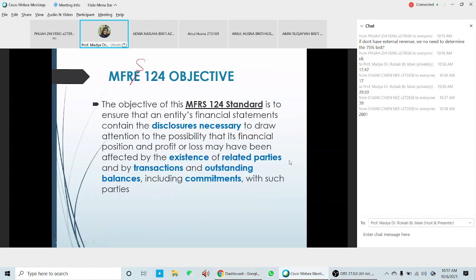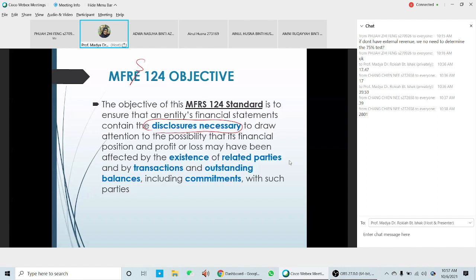In this MFRS 124, the objective is to provide the necessary disclosure to draw attention to the possibility that the financial position and profit or loss may have been affected by the existence of related party transactions and outstanding balances, including commitments with other parties.